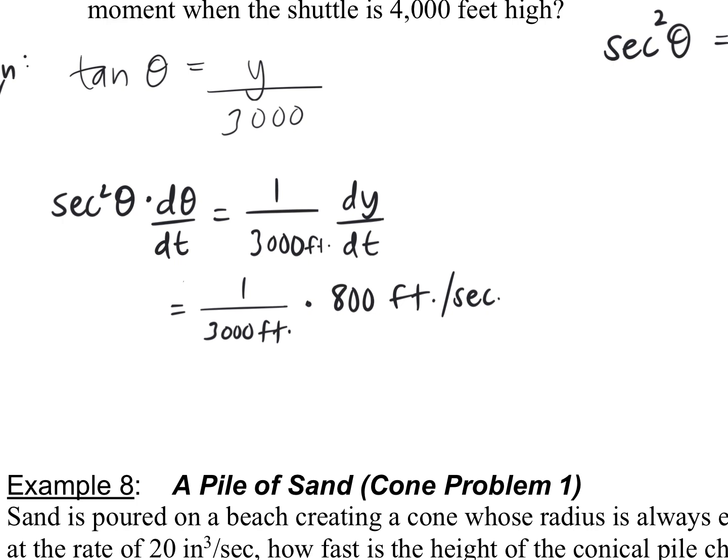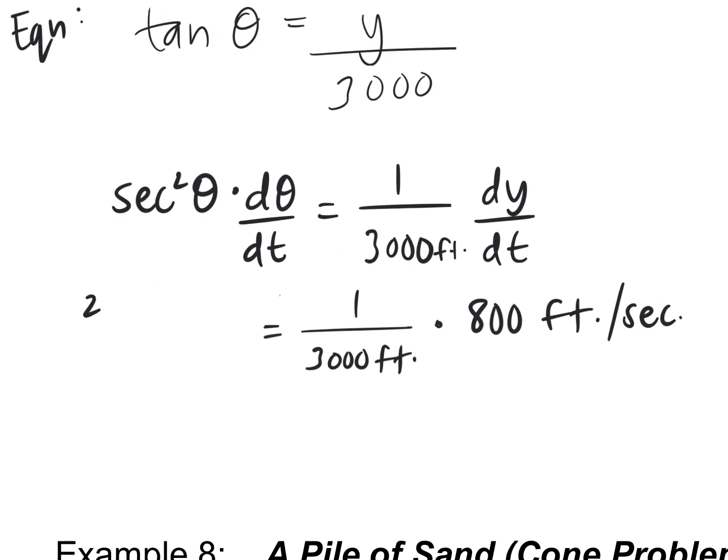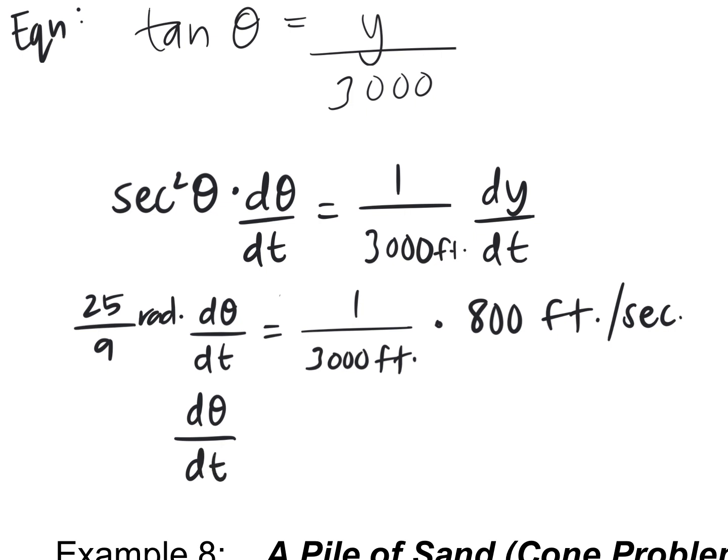So I know that secant squared of theta is 25 ninths radians, times d theta/dt.